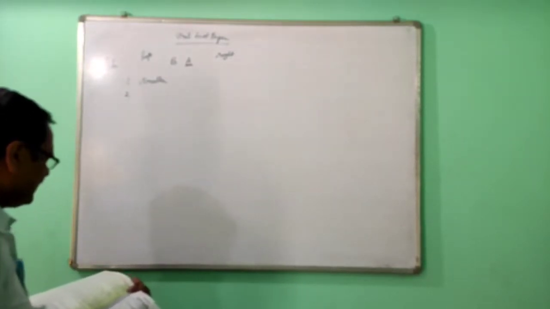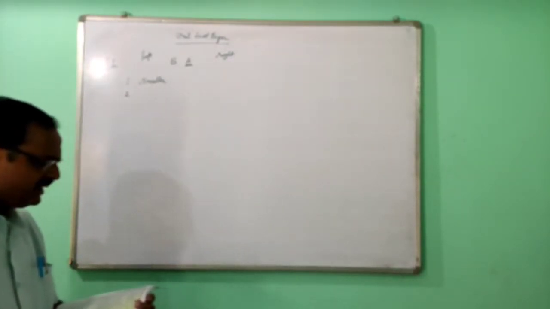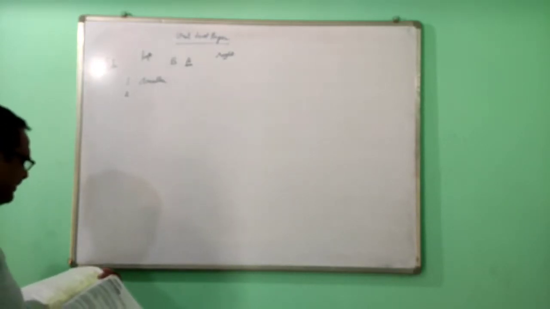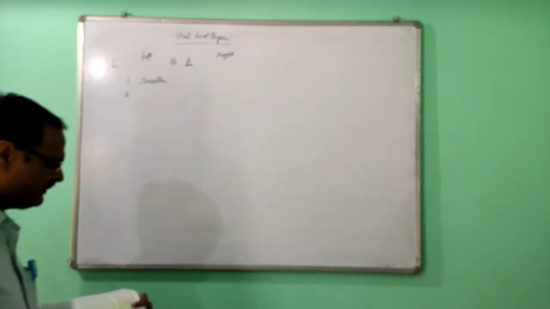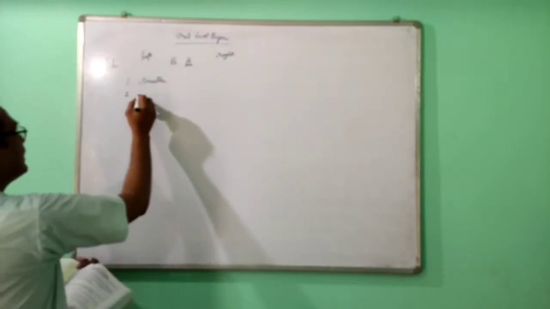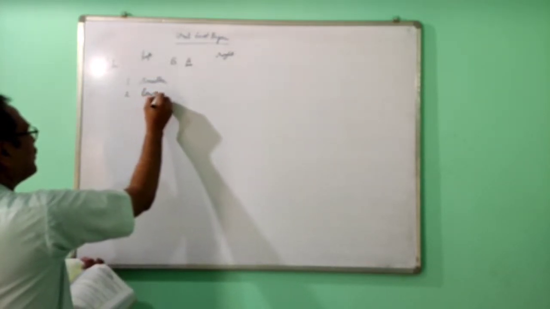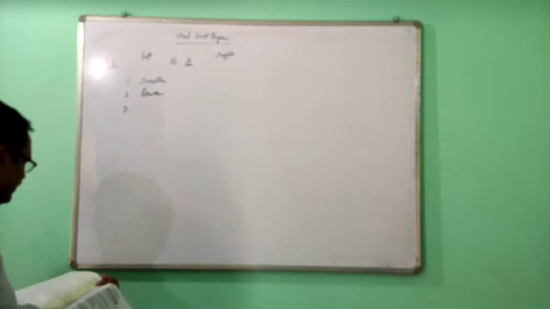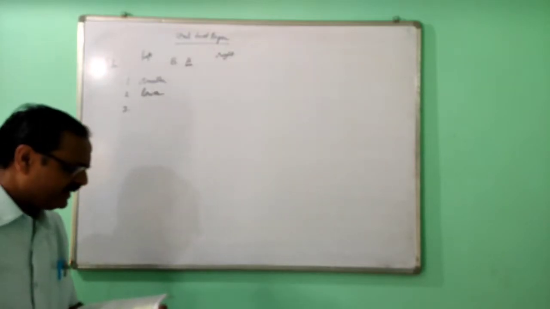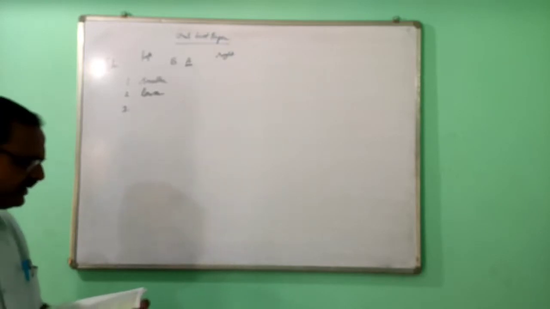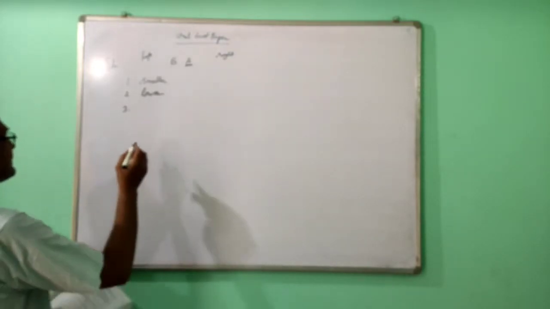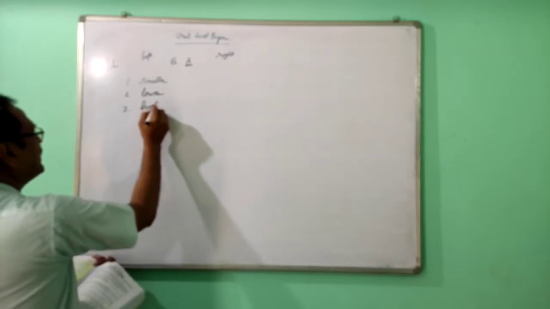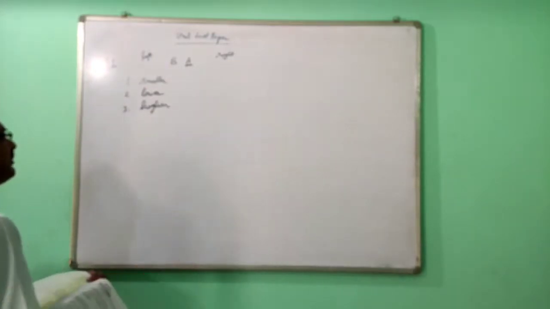Second one, the element B would probably have lower ionization potential, because when we move in a period from left to right, ionization potential increases. So lower will be there. Now third one, the element A would have lesser or higher electron affinity. So higher, because it increases on moving in a period from left to right.